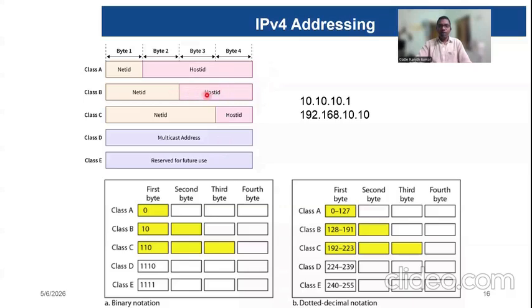Here a class B address means 2 power 16 networks and 2 power 16 hosts, so then you can go for class B. If we need a larger number of networks, and in each network only a few systems are needed, meaning the network size is very small, then we can go for class C. Likewise, depending on our requirement, we can choose any of these classes of IP address.